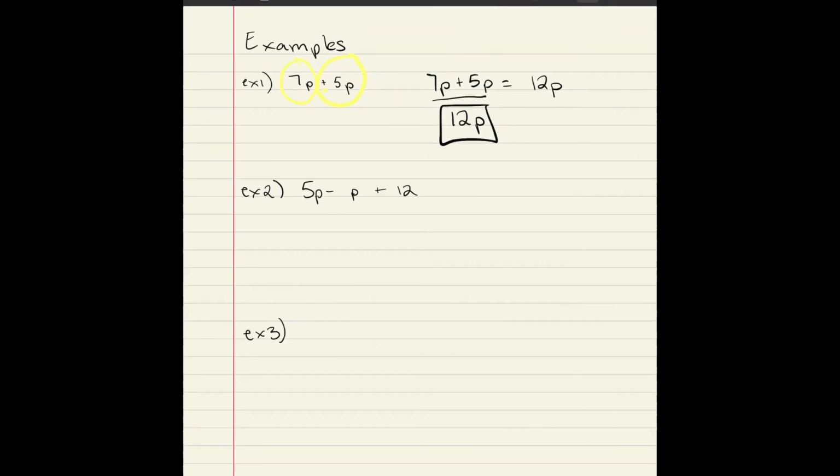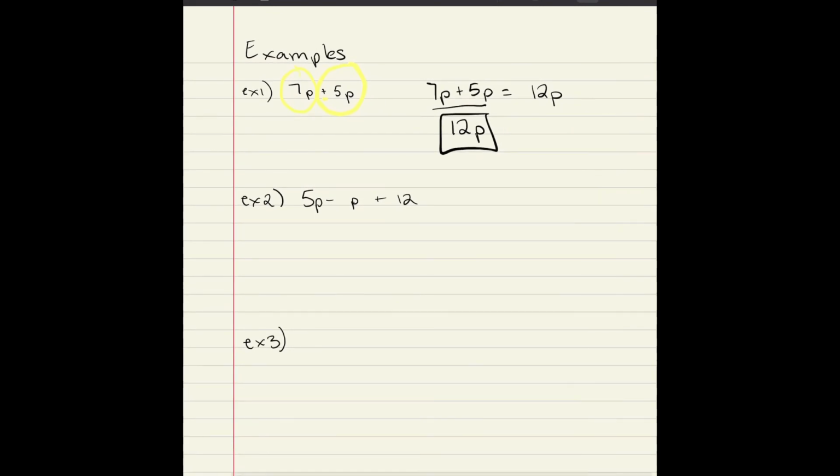For example 2, we have 5p minus p plus 12. I'm going to circle my like terms, which are 5p and minus p. I'll rewrite those over here. 5p minus p gives me 4p, because remember, I have the invisible one in front of any variable.